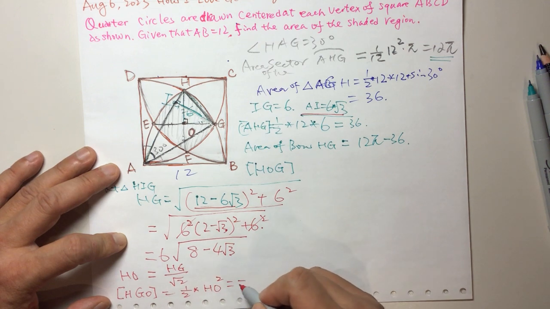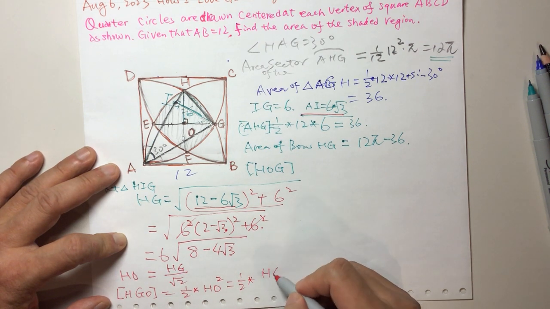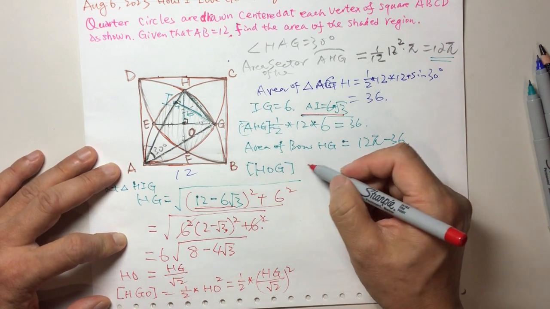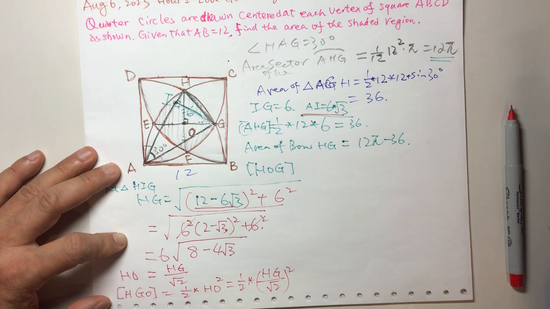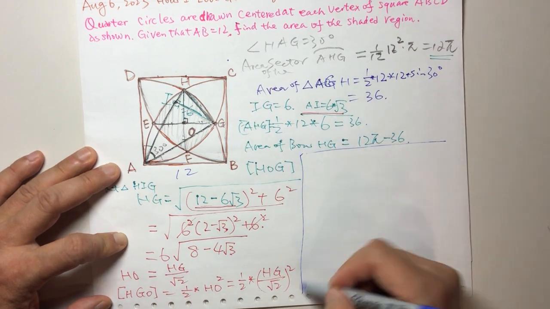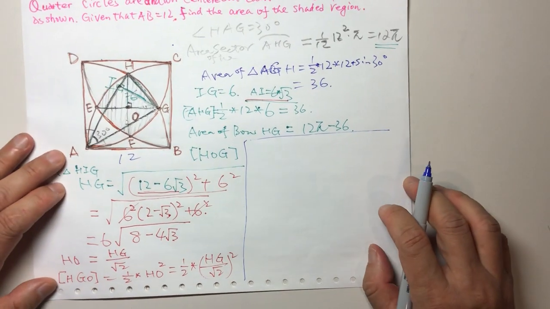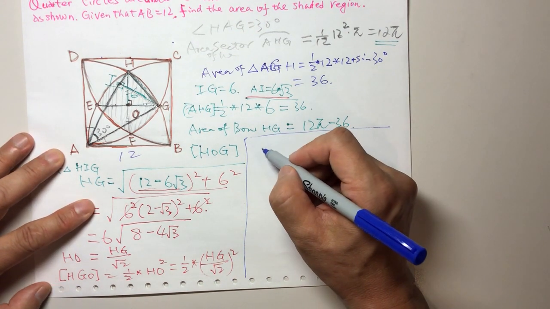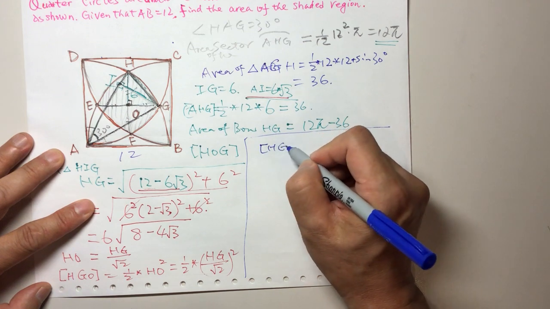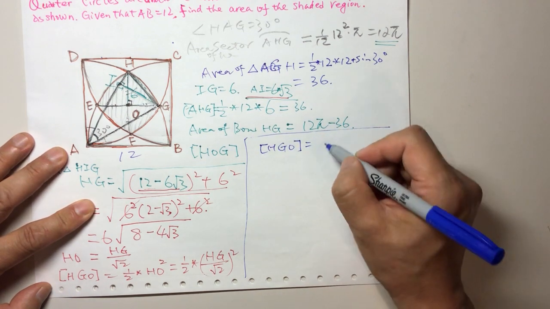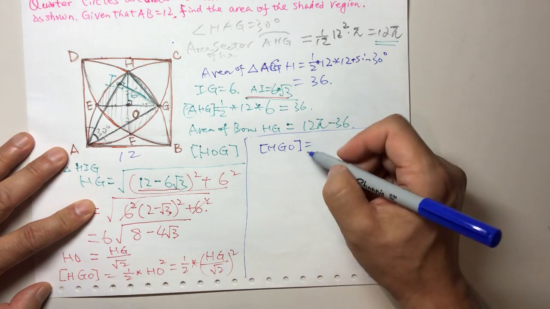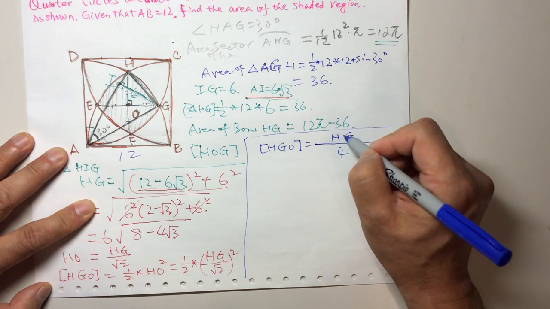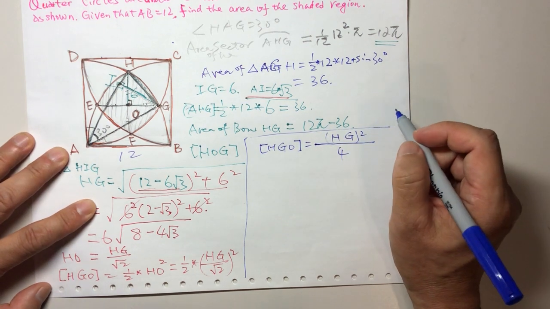HO squared means 1/2 times HG over square root of 2, then squared, right? Now we will go back here. So that's how much for that? 1/2. These 2. So area HGO equals 1/2 times 1/2 is 1/4, and HG squared, right?